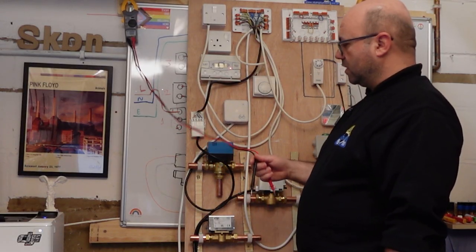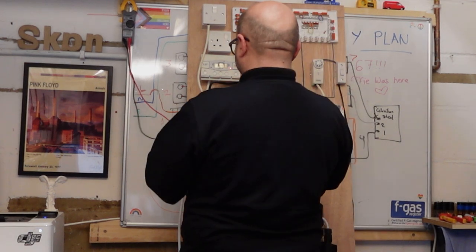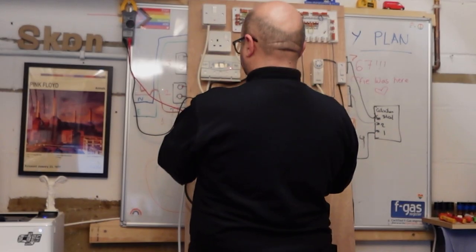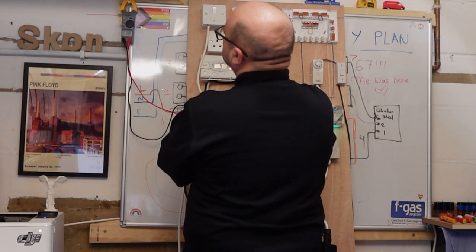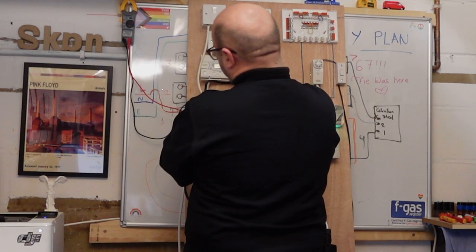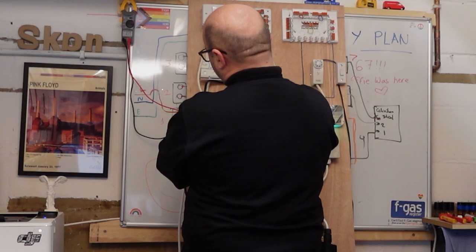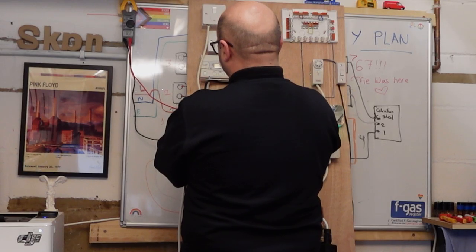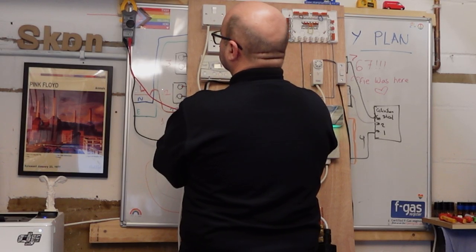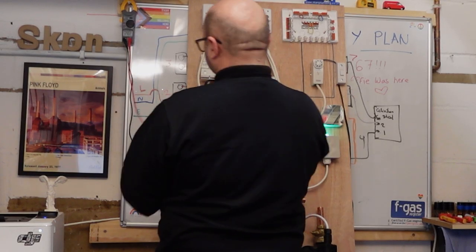And one probe to the neutral. And the other one, let's go to the orange first. Yes, 240. Let's go to the neutral and white. 240. And let's go to the neutral and gray. 240. Brilliant.